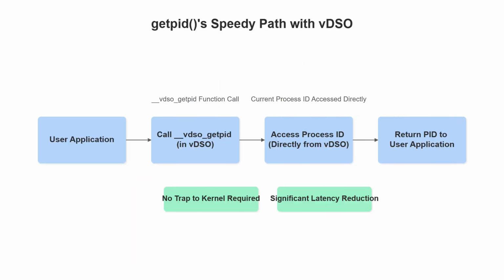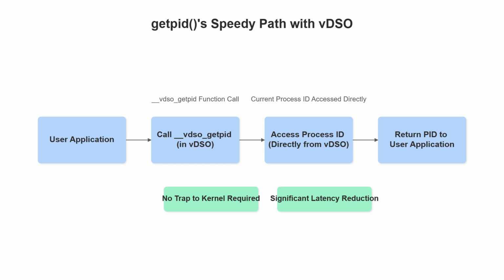So how does getpid specifically leverage VDSO? Instead of making a traditional system call, your application now calls a function like __vdso_getpid, which resides within that special VDSO memory page. This means there's no trap to the kernel required.